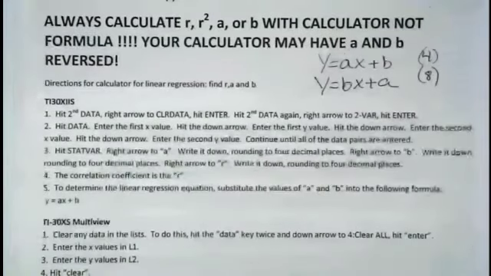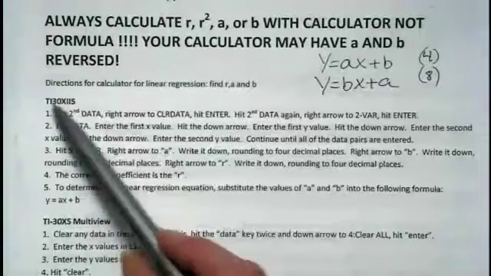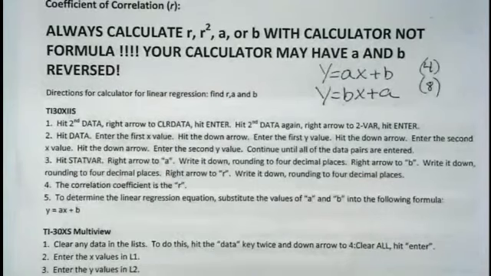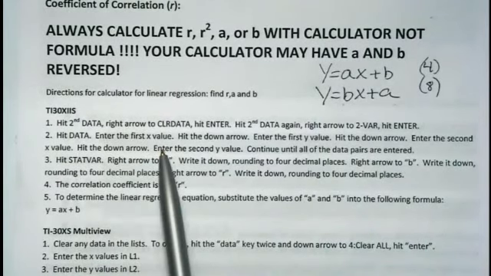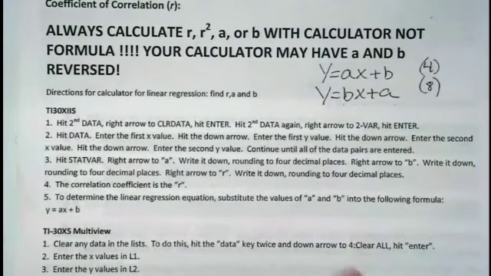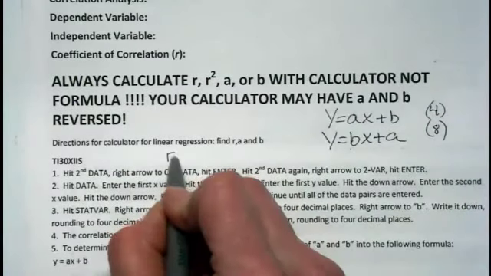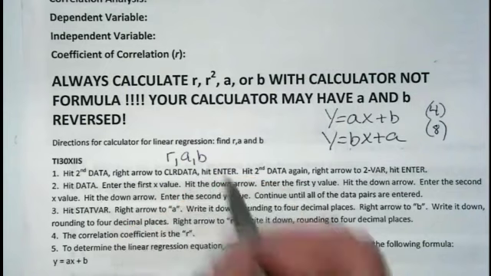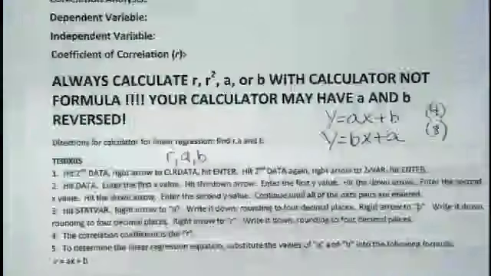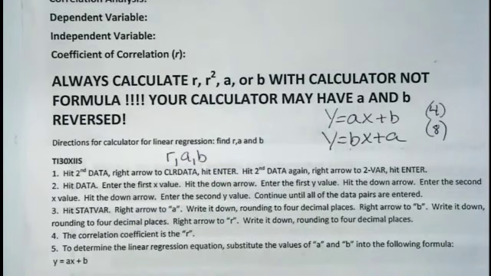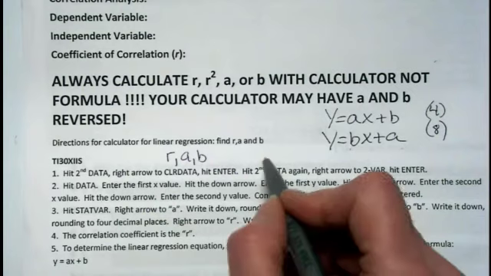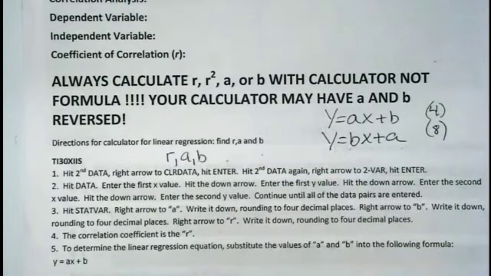These instructions for the TI-30 will tell you how to calculate A, B, and R. On the TI-30, you can calculate R, A, and B. We'll print out. You are going to have to square R in order to get R squared. You don't get R squared on this calculator.